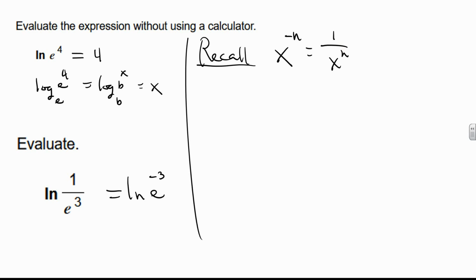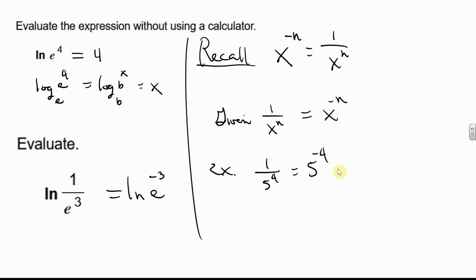So if I'm given 1 over x to the n, I can write that as x to the negative n. If I'm given 1 over 5 to the 4th, that's the same thing as 5 to the negative 4, right? So if this is the case, what's the answer here for this problem?